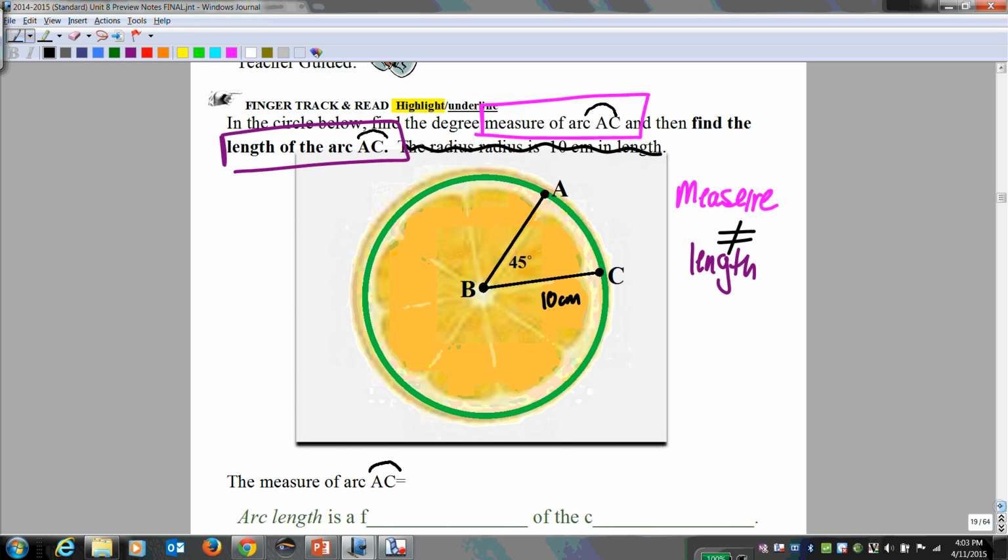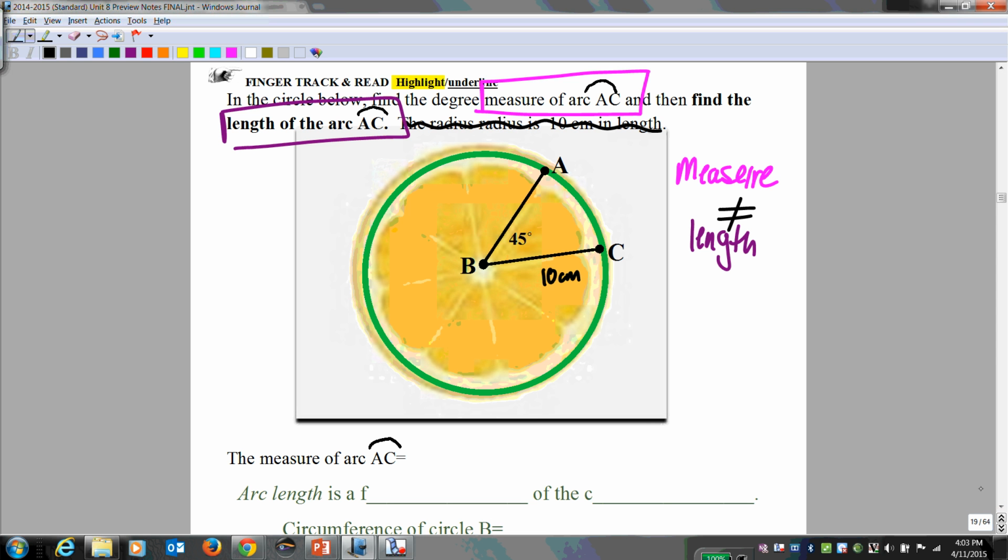Ready? Okay, step number one. We do know this. If I want the measure of the arc AC, notice I'm emphasizing the word measure. We do know this. The measure of a central angle to its arc is the same. Hopefully you said that.